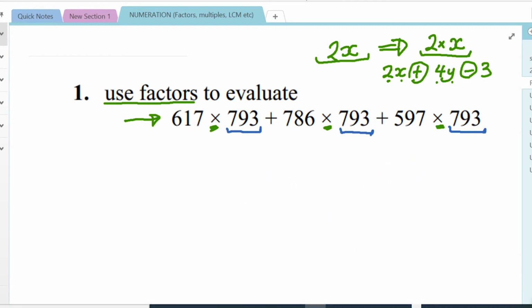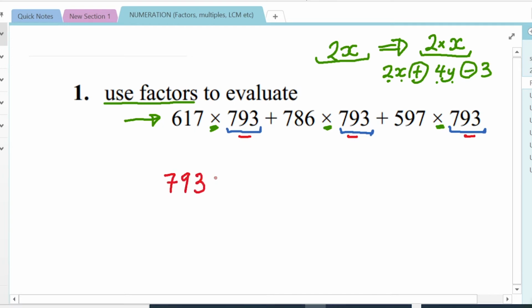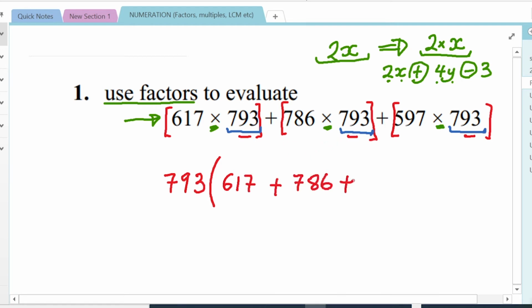You are able to see that we have 793 as common all through. So we put 793 outside the brackets. This is one number on its own, plus this on its own, plus that on its own. So from each, you're seeing 793 common, so it's 793 outside the brackets into this, divide by that, you remain with 617 plus 786 plus 597, like that.